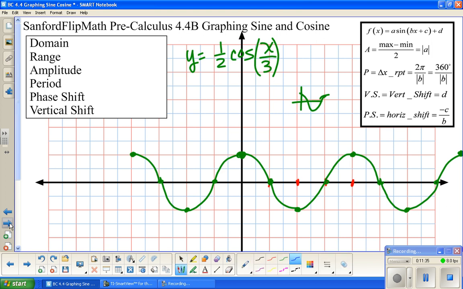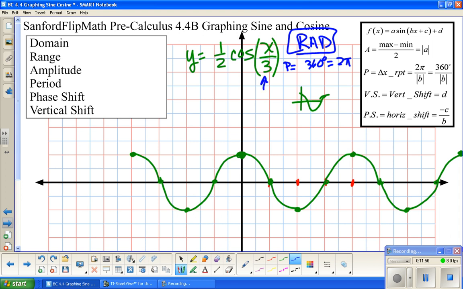So let's do this in radians. Now a full cycle, if we were in degrees, would be 360, also known as 2 pi. Now, period is about x's.